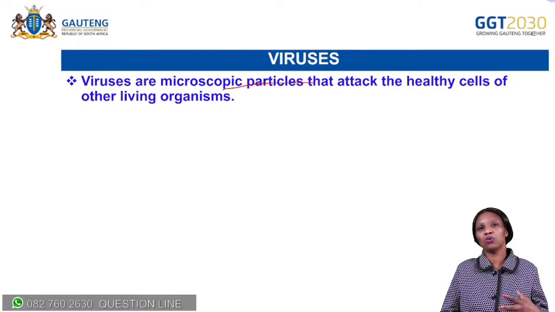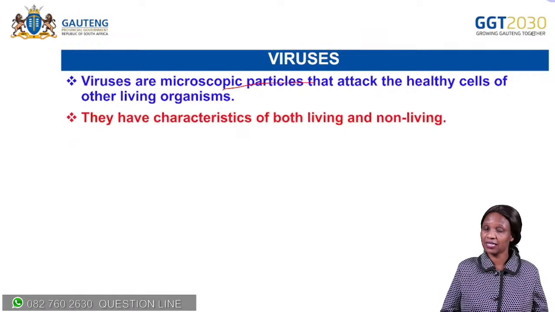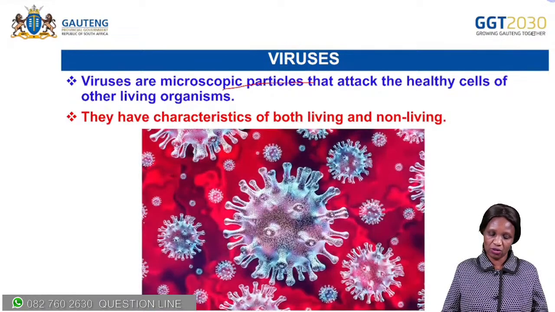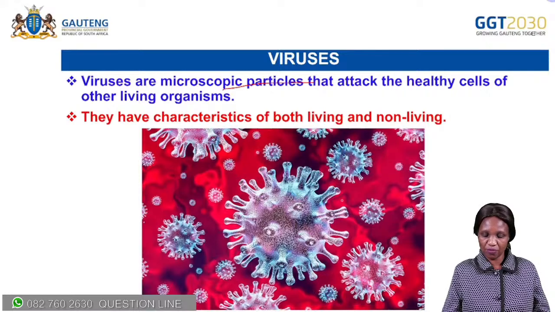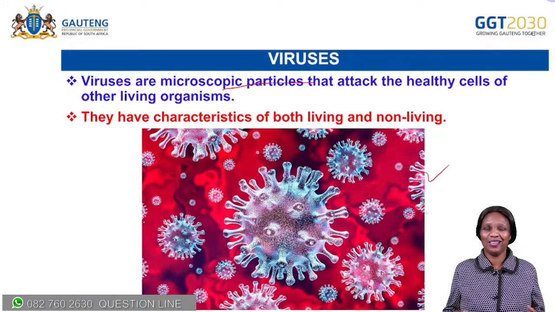It is because they don't survive on their own. They need a host to survive. They have characteristics of both living and non-living things. Look at the shape of the virus on the chart. It looks scary, isn't it? That is a virus, grade 8.